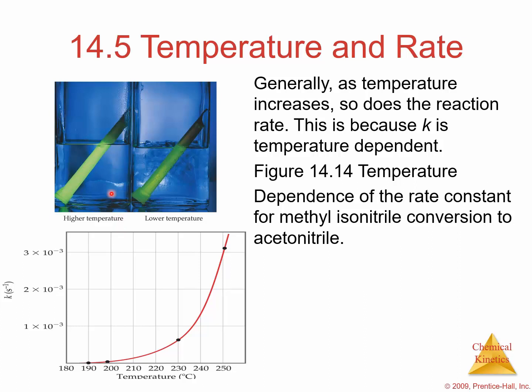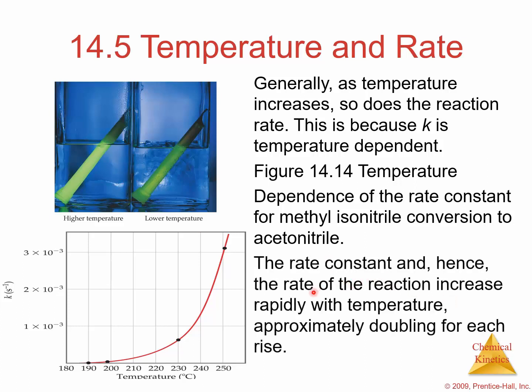At the higher temperature, the light stick produces a brighter light than at a lower temperature. Although the light stick glows more brightly initially, its luminescence also dies out more rapidly at higher temperature. So the rate constant, and hence the rate of the reaction, increases rapidly with temperature, approximately doubling for each rise.